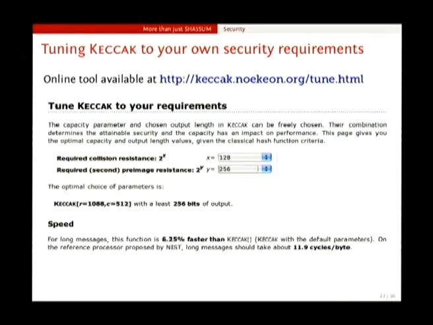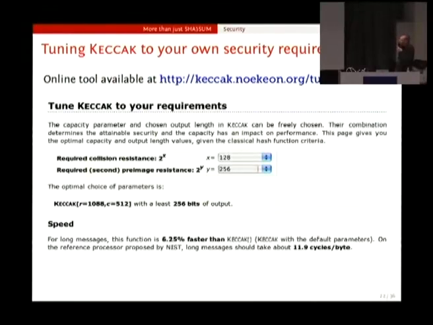If you fill in another required resistance, say we want 256 bits of security for pre-image resistance, so finding a pre-image costs about 2 to the power 256 calls to Keccak, then the capacity becomes 512. With the capacity growing, the rate becomes less, and the rate is the number of bits that you can process per call to the Keccak-f permutation. So the speed goes down. Now hashing a message, or applying Keccak to a message, costs 12 cycles per byte. So it's slightly less fast.